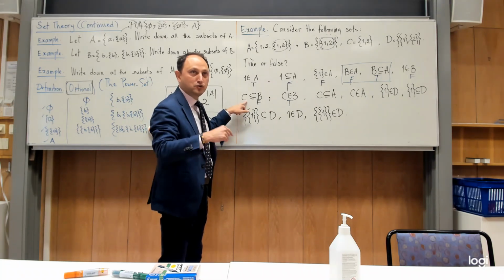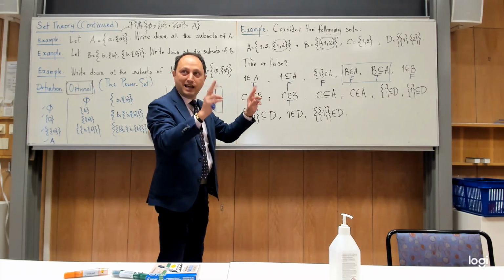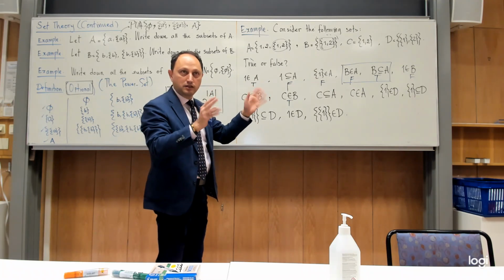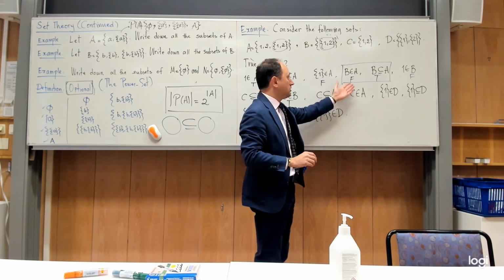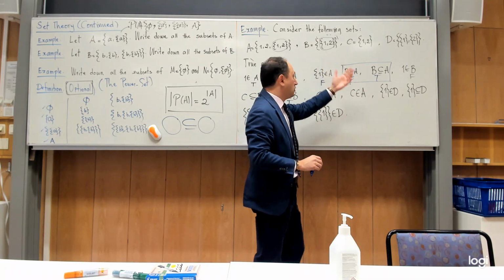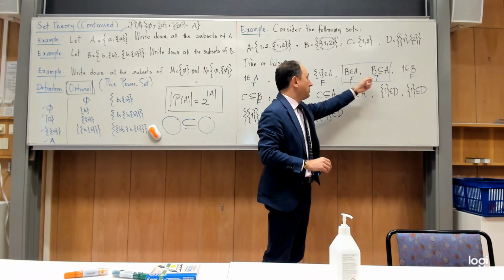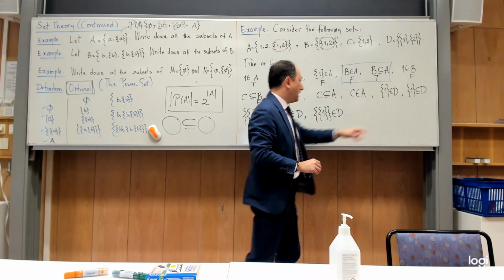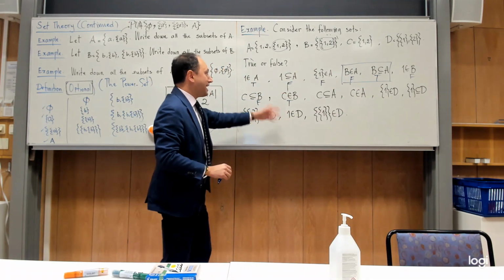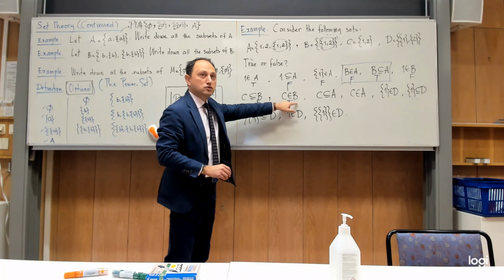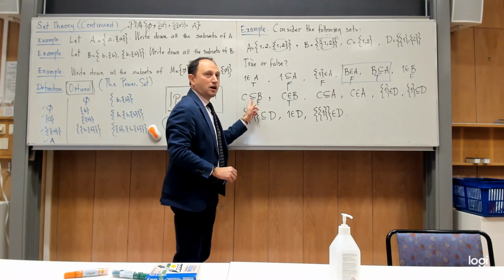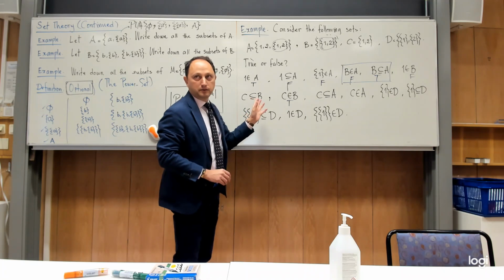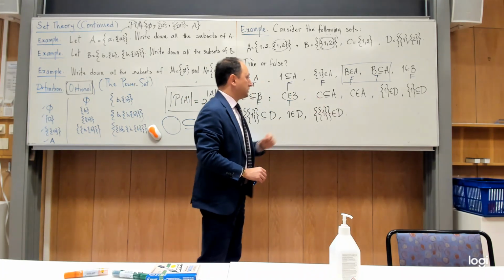So I just want to tell you that both cases can happen. You see here, membership was false, so I gave you an example for which membership is false, but being subset is true. And then I simultaneously give you an example this time that membership is true, but being subset was false. So that's also possible.